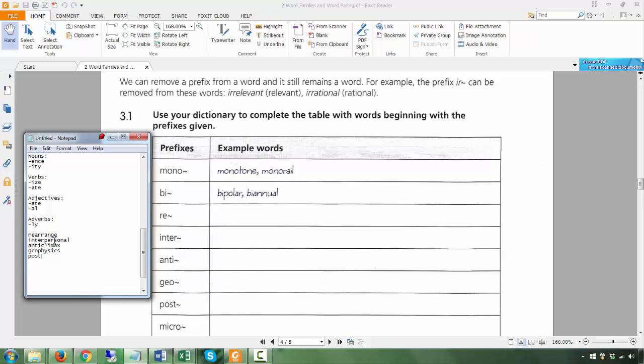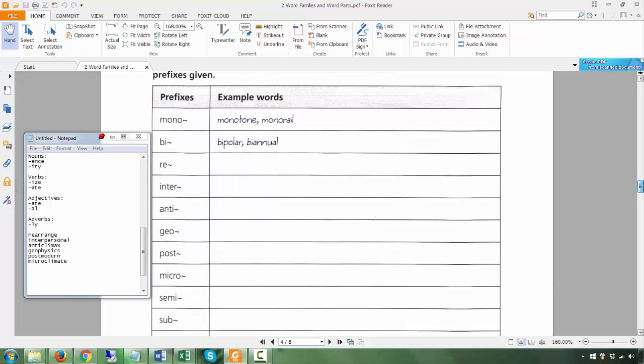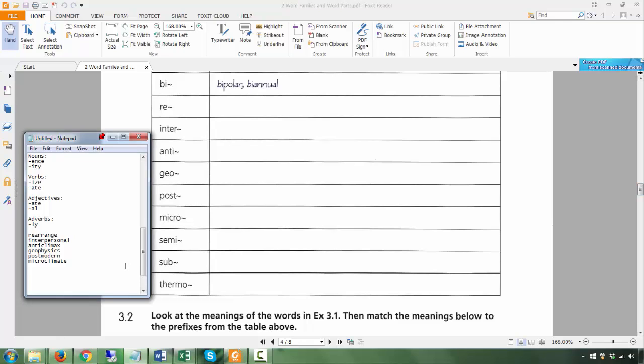Post could be postmodern, postgraduate. Microclimate, microscope. Semi, semifinal. Submarine, thermometer.